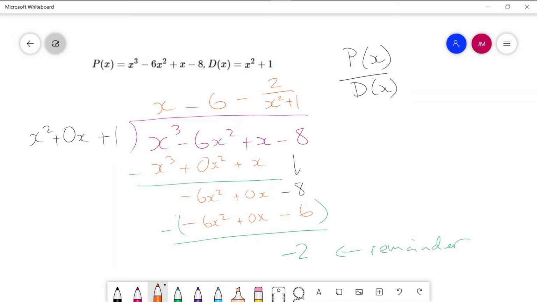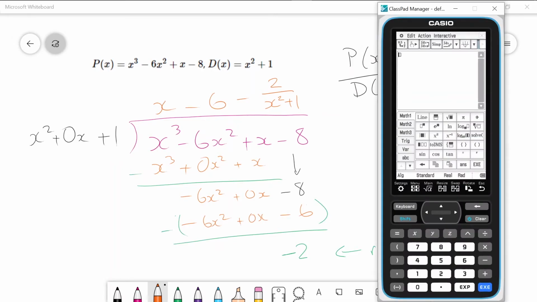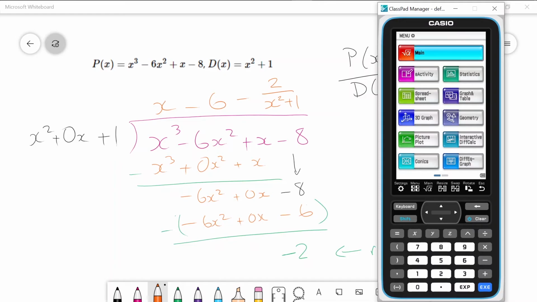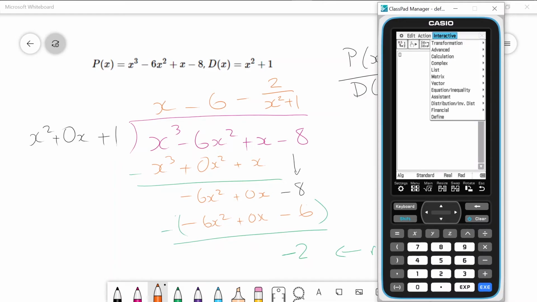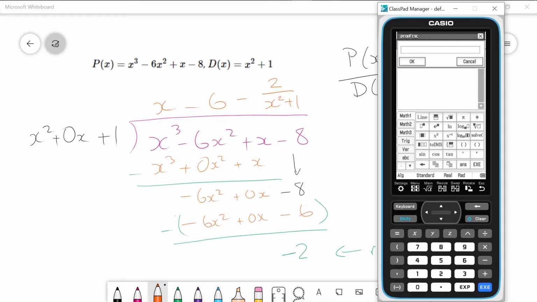Now if we have a look at the CAS calculator technique, just to check our answer, once you've got your CAS here, you can go up the top to interactive. So from the main menu, go to interactive, transformation, then go all the way down to fraction, proper fraction, or prop frac. So interactive, transformation, fraction, prop frac, and it'll ask you to type in what you've got there.